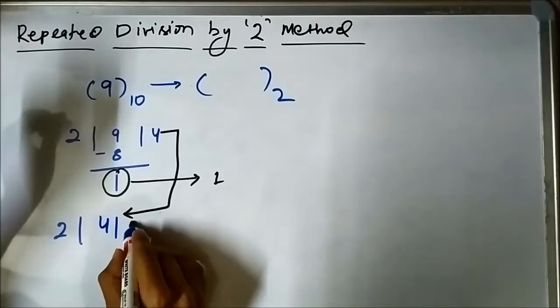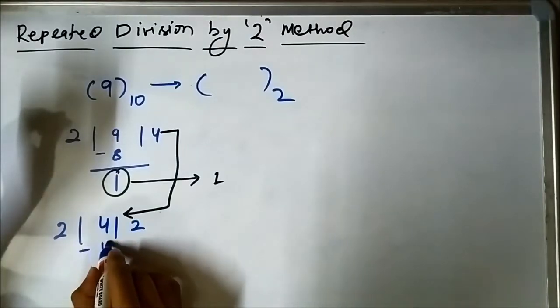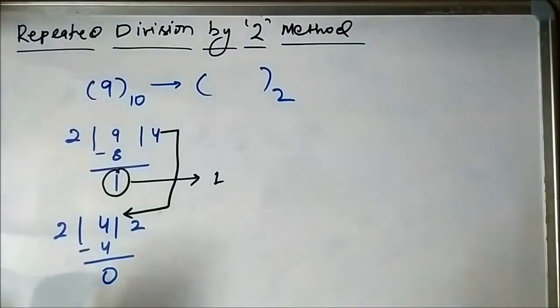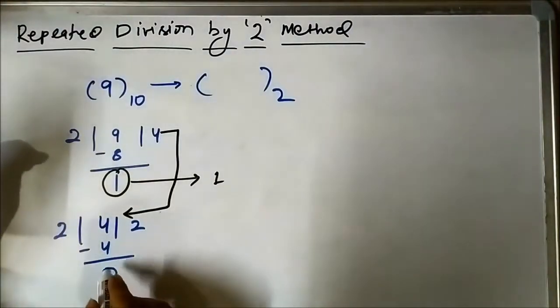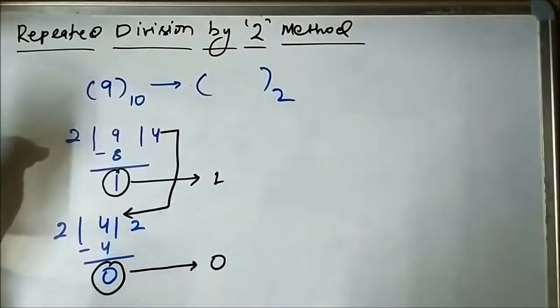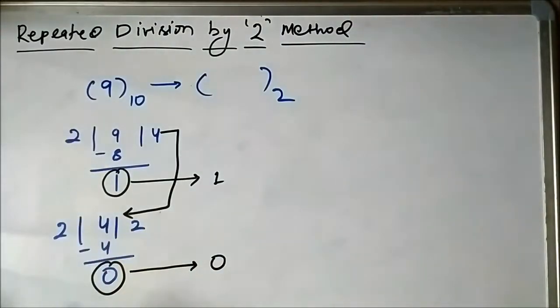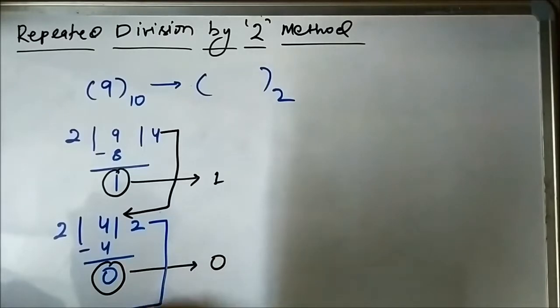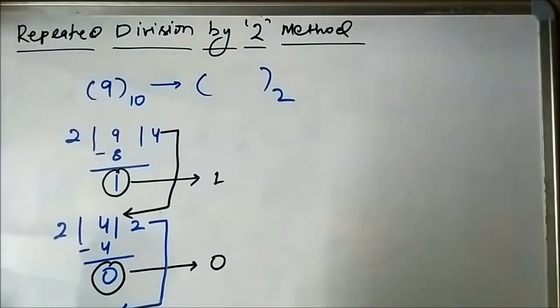This time the quotient will be 2, minus 4, the remainder is 0. Again this remainder goes outside. Next this 2 goes here.